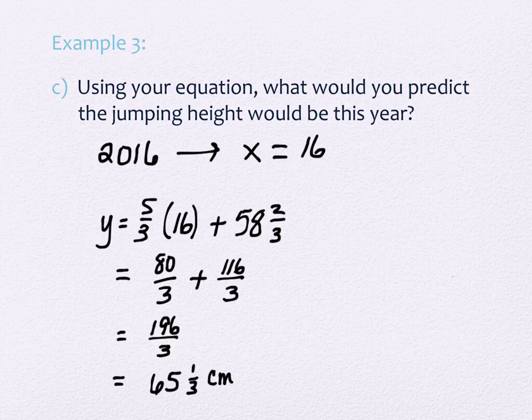I'm sorry, I'm on a different screen. Back here is the one you're talking about. The 58 and 2/3 should be 176. That would be better. Okay. All right, and then 176 plus the 80 is 256.